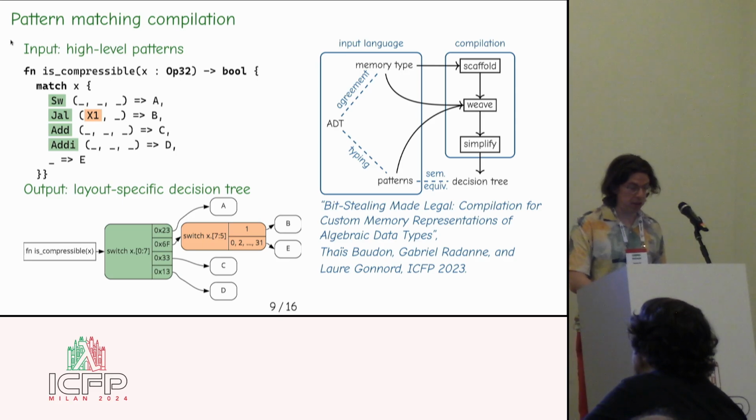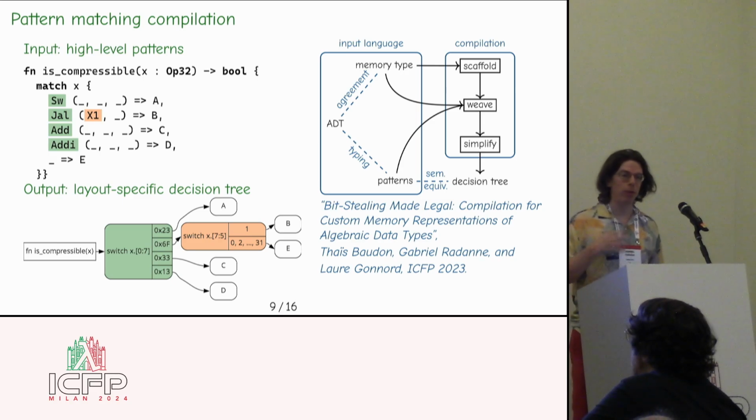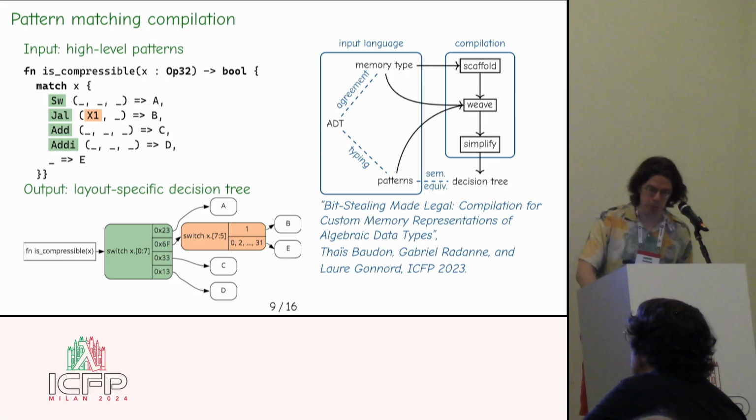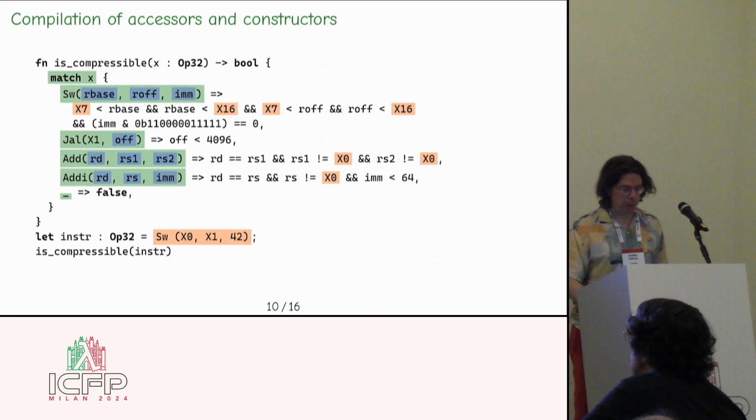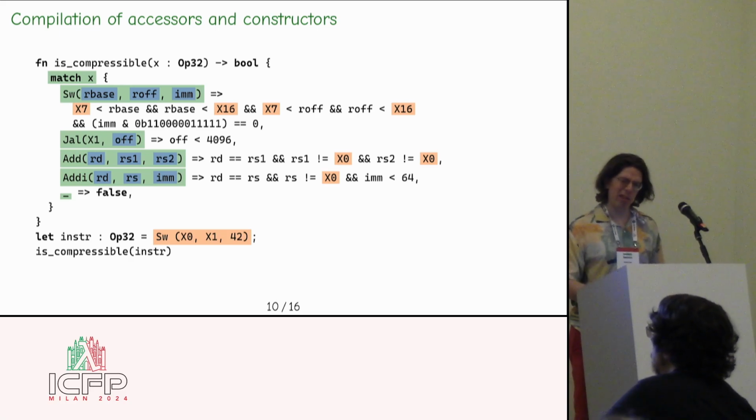You notice that in this pattern, I removed all the binders. That's not by accident. The decision tree is only going to tell us which case we are in, but it's not going to extract the values for us. So we need to do more work. Before we do more work, we're going to move to a slightly nicer intermediate representation.